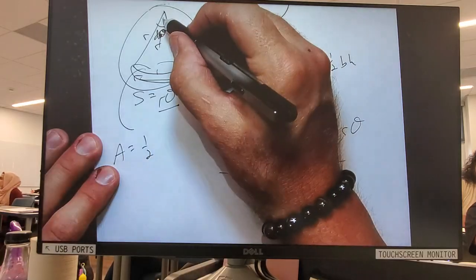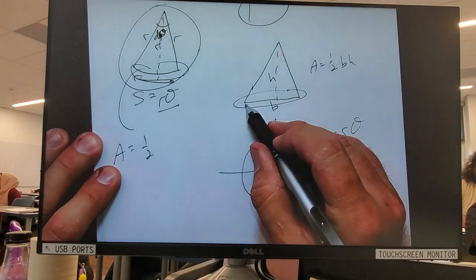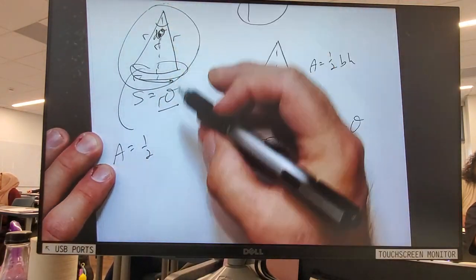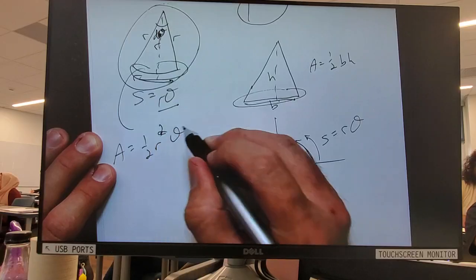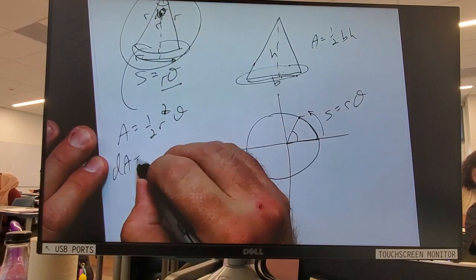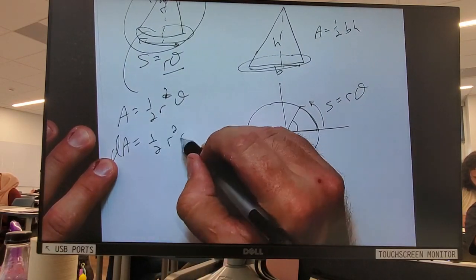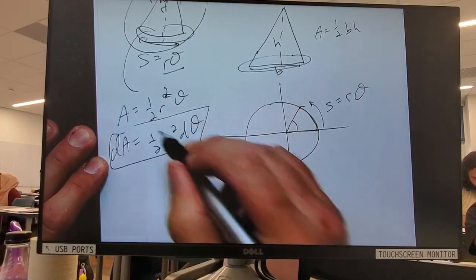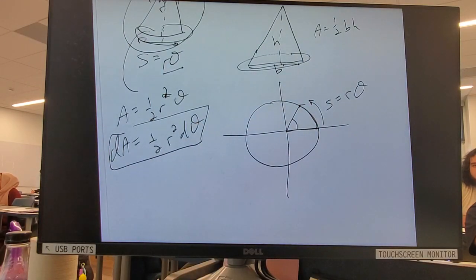R theta times? It's the base times the height, which is R. Good, so it'll be 1/2 R squared theta. So what's dA? 1/2 R squared d theta. Why is it R squared? The area of a triangle is 1/2 the base times the height.